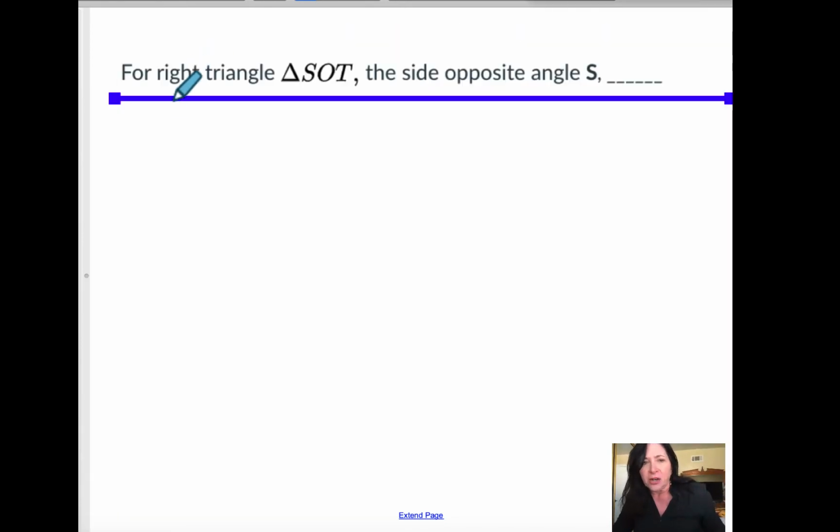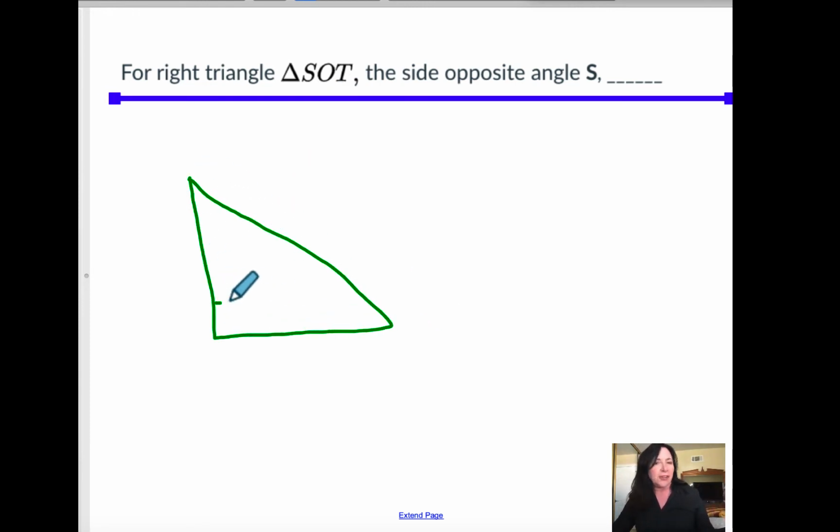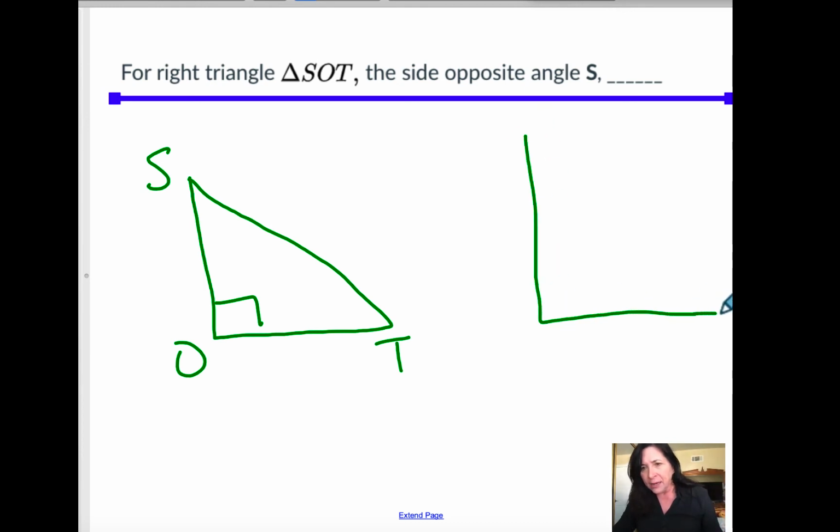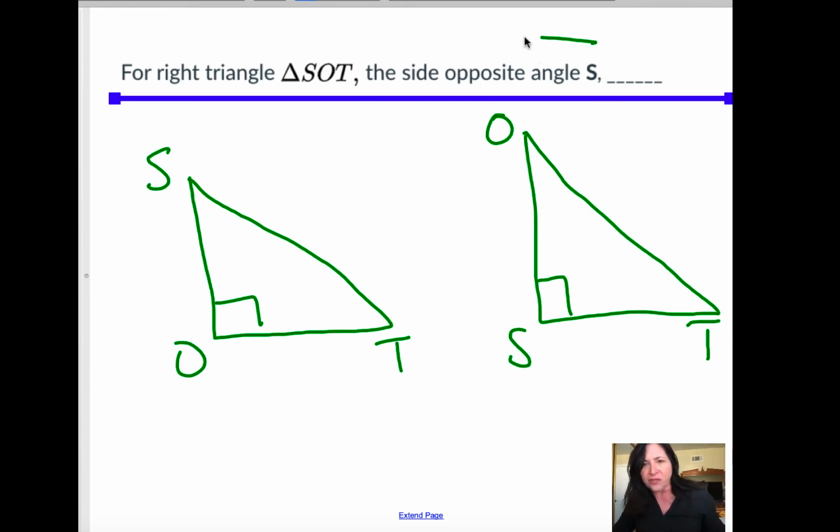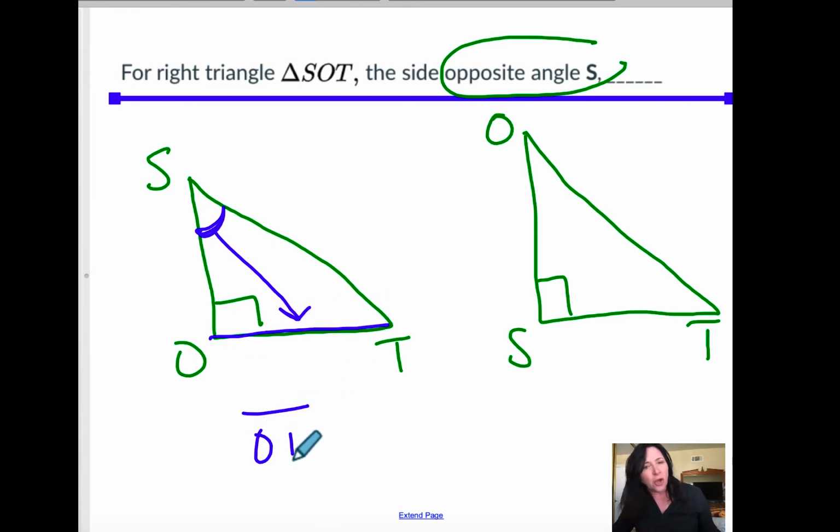For this problem, this is asking me for right triangle SOT, and they didn't tell me which is which. They just said we have a right triangle, and I'm just going to call it SOT, although I don't know what order it is. I could draw it again, right triangle, and say, here's S, here's O, here's T. They just want to know what's the side opposite angle S. So here's S. The side opposite that is that side right here, so you would say the length OT.